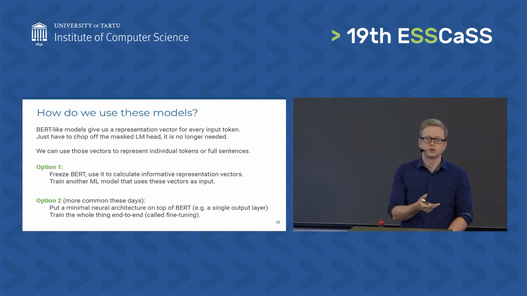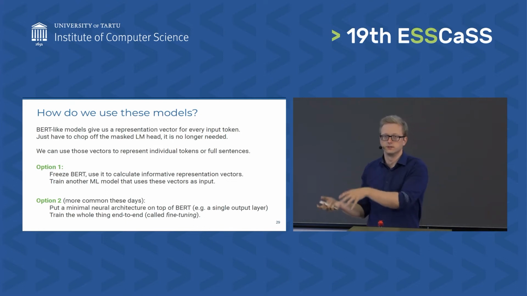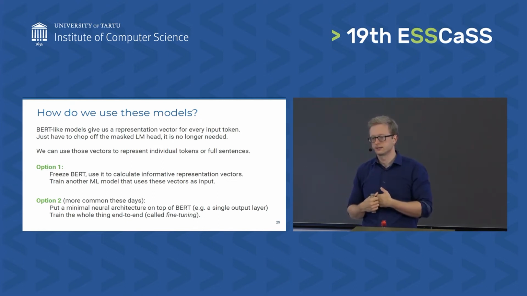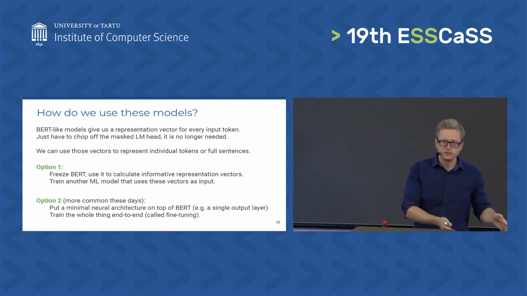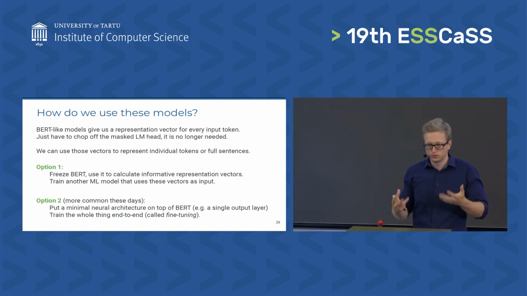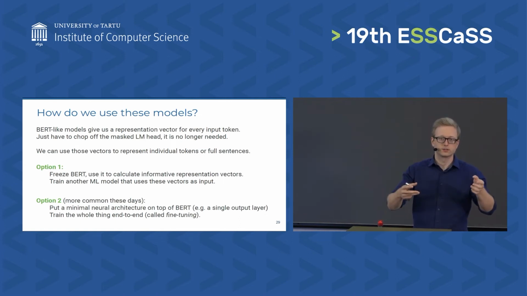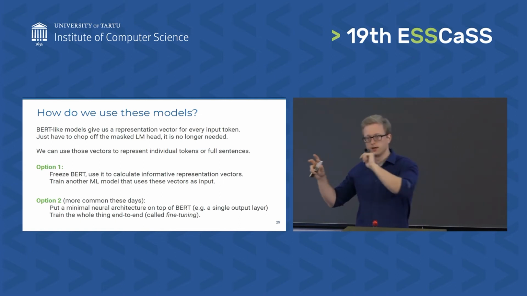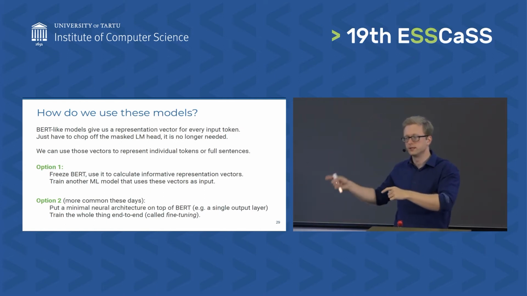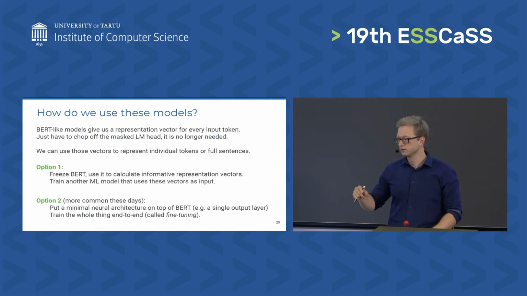We can use those word vectors to represent either individual tokens or full sentences. And there are two strategies. We can either freeze the BERT model when we want vectors for a sentence. We give it some input, we calculate the vectors, then we put them into some other machine learning model and train that model to use those vectors.